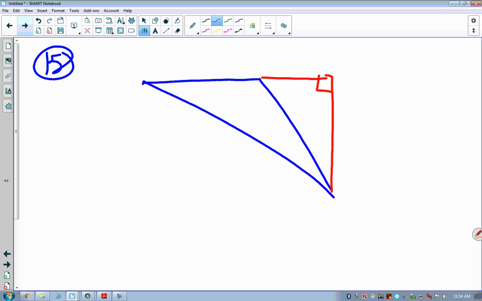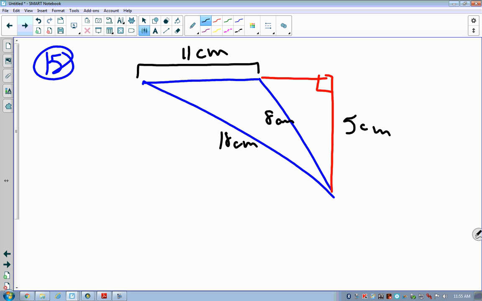I'm going to add some color to it just so we can distinguish some things. We've got 11 centimeters, 5 centimeters. We know that this line right here is 8 centimeters. We've got 18 centimeters. Okay, we can label our parts A, B, and C.